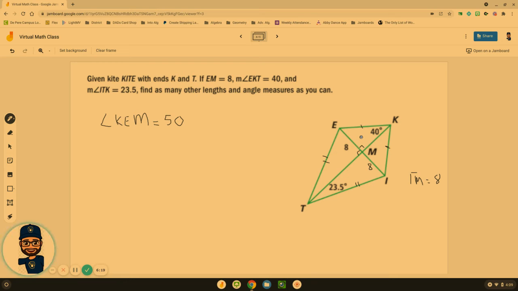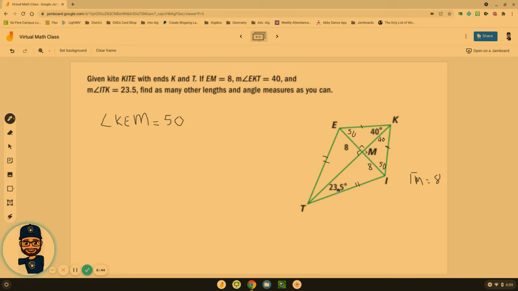Well, every triangle has to have 180. So that's going to be 50. Again, if I cut this triangle off, if we know the angle here in the triangle is 50, and the two sides are congruent, we also know down here is 50. And since this is 90 and 50, we also know that up here at K would have to be 40.